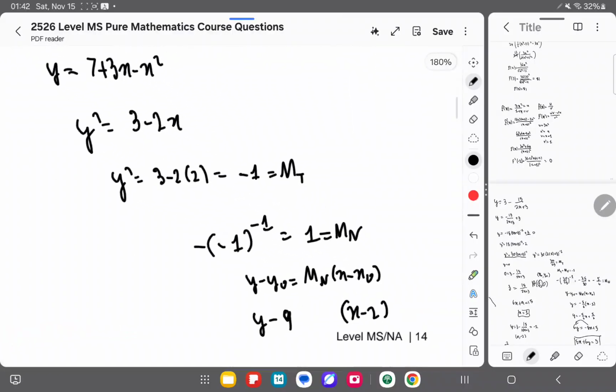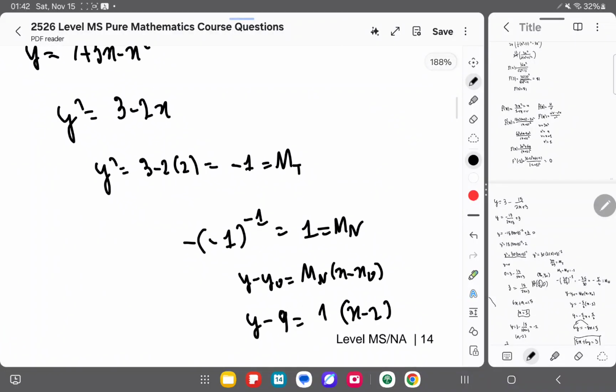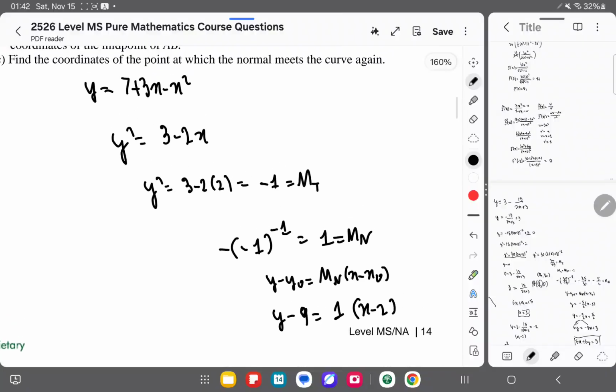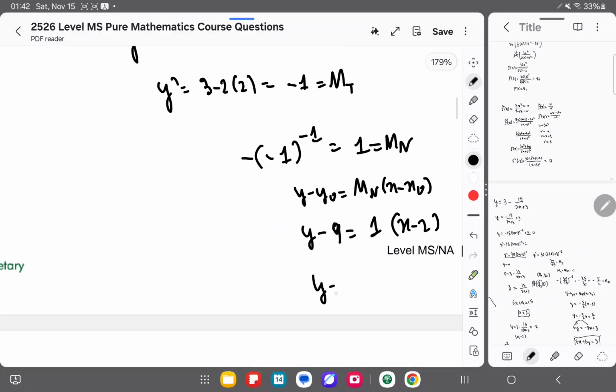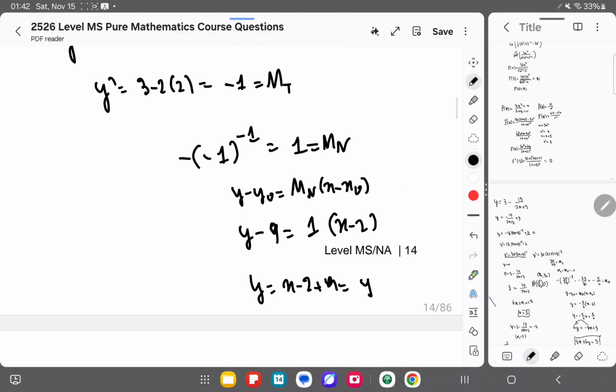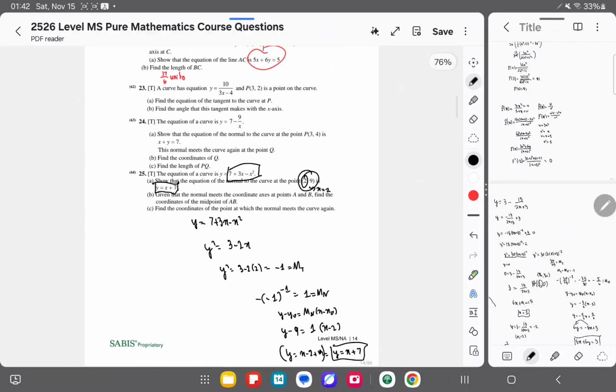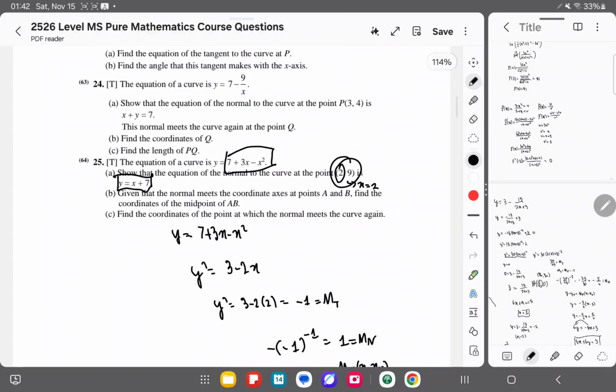Yes. And mn is just 1. We'll just isolate y like they want us to. We get y equals x minus 2 plus 9, which is y equals x plus 7, as the formula of the normal.